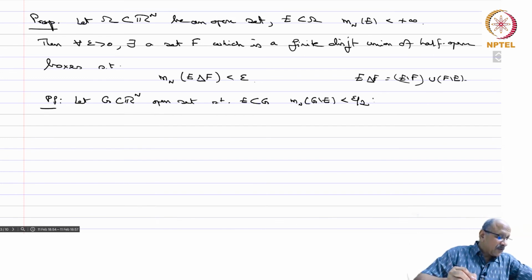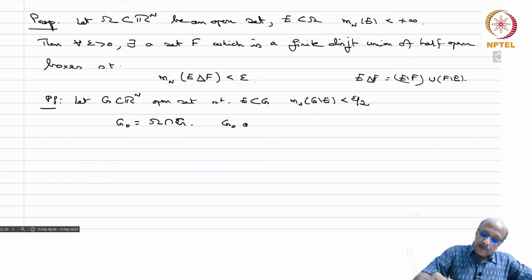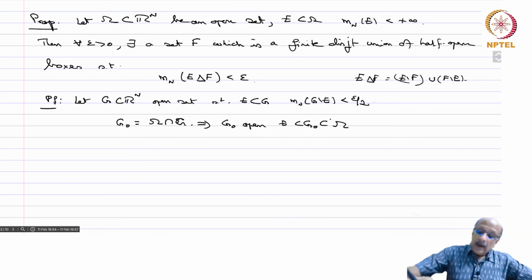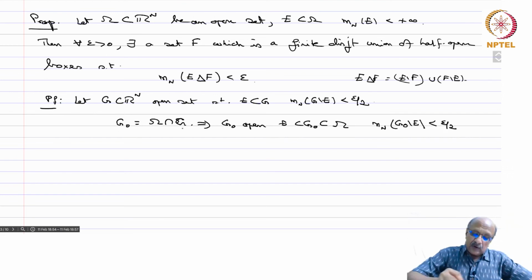So you set G0 equals omega intersection G. Then G0 is also open because omega is open, and E is contained in G0, which is of course contained in omega. Mn of G0 minus E is also less than epsilon by 2 because G0 is contained in G.